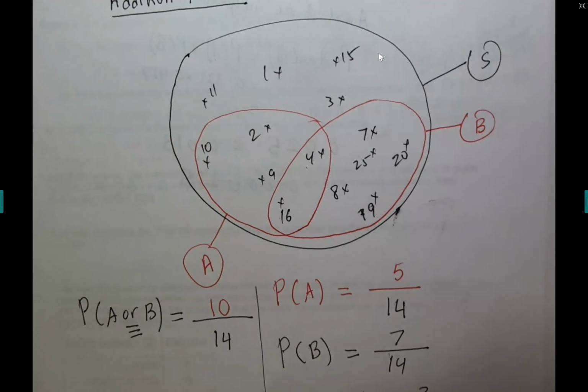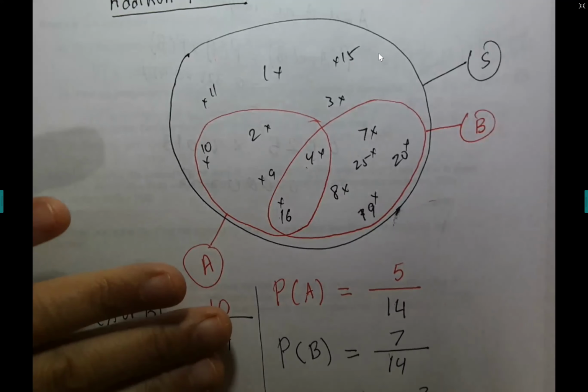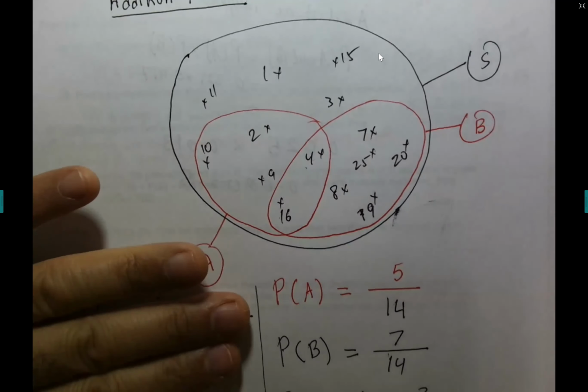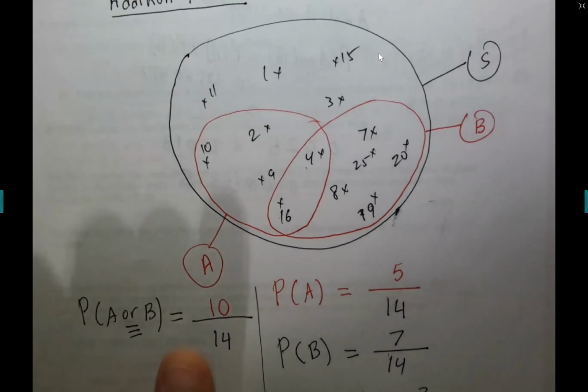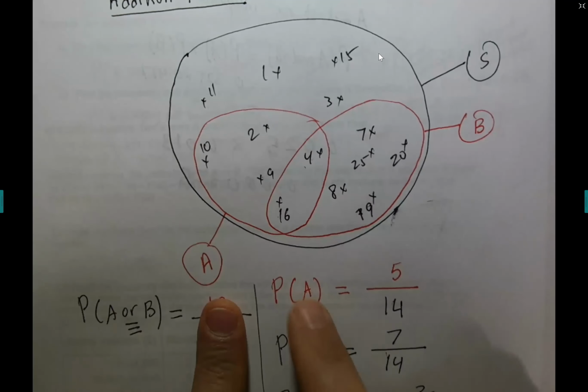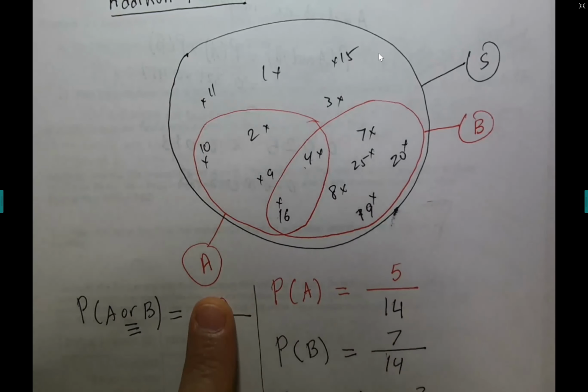Okay, guys, here's my final conclusion. Actually, guys, I didn't even need to do any work to find the probability of A or B. I would like you to look at what we did here and see if you can use those 3 answers to construct the answer that we got, which is 10 out of 14.